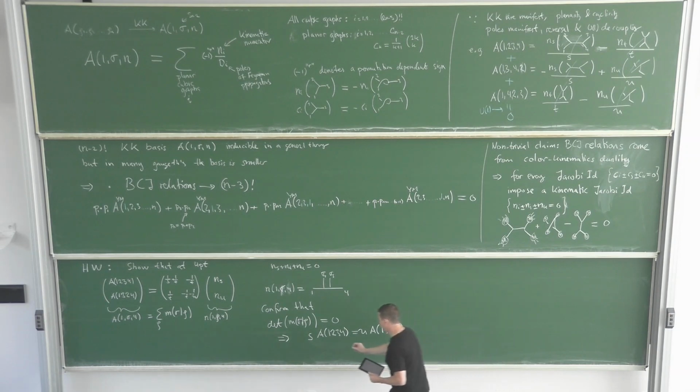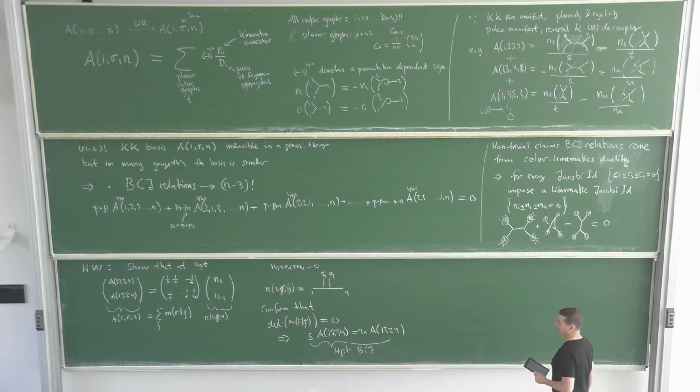And that is the 4-point BCJ relation, which I should say many people point out that this has been known for a long time, which is probably true, but it's part of a general family of relations which were only discovered, what was it, 14 years ago now?